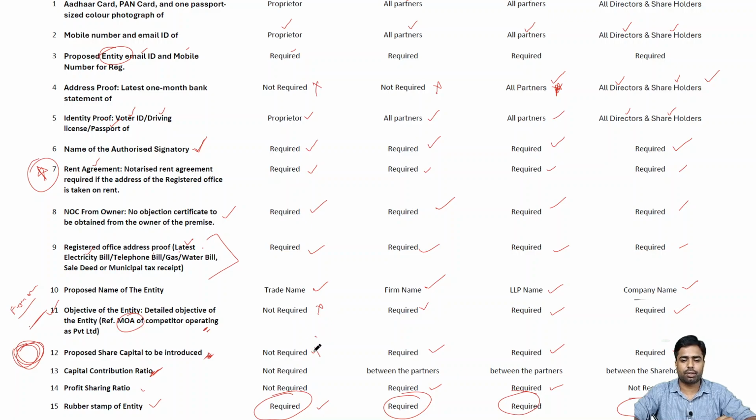Proposed share capital is not required in a proprietorship, but it is required in a normal partnership firm, LLP, and private limited company. For an LLP as well as a private limited company, based on your capital, the government will calculate stamp duty. So if you are bringing a higher amount, you have to be mentally ready that based on your capital contribution you have to pay stamp duty also.